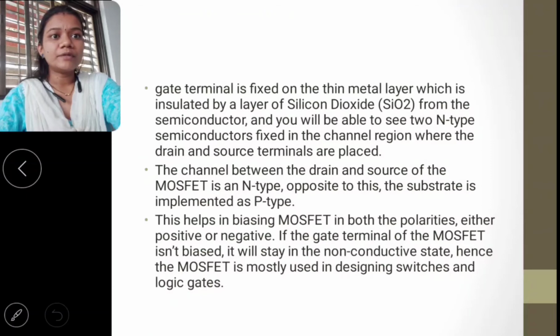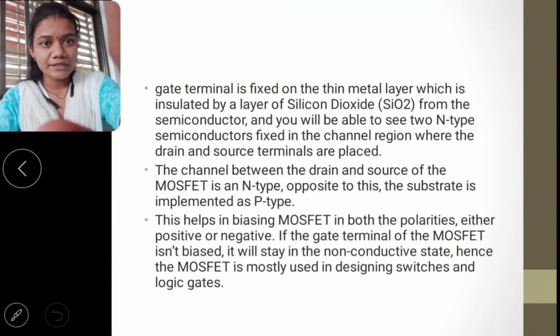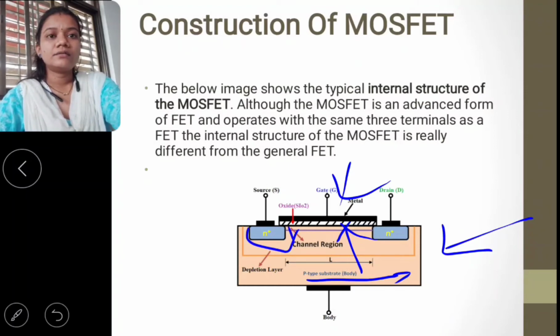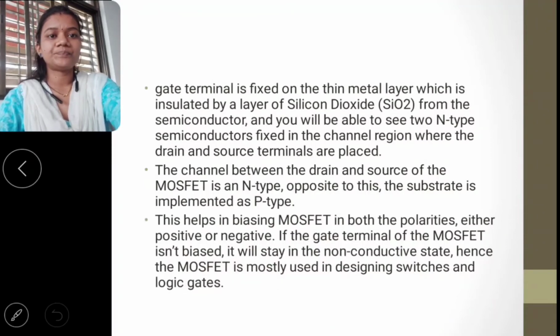You will be able to see 2 n-type semiconductors fixed in the channel region where the drain and source terminals are placed. This is the metal layer, and the SiO2 layer is there. This dashed line shows the SiO2 layer in which the gate terminal is fixed, and the N type material is fixed to form the source and drain terminals.